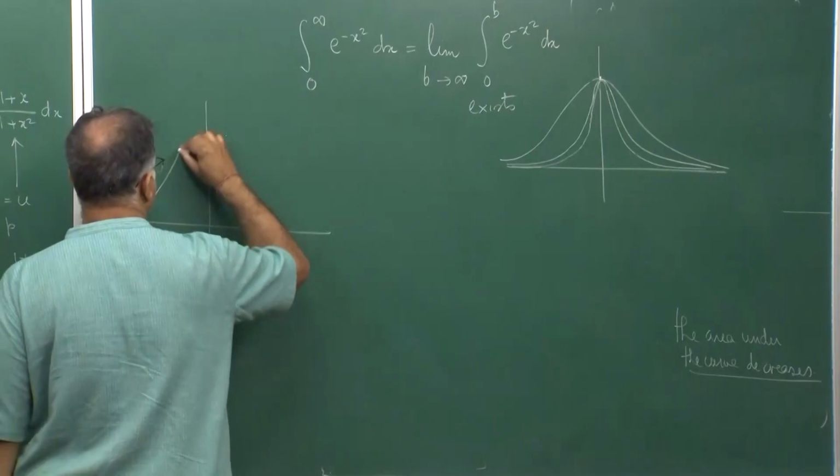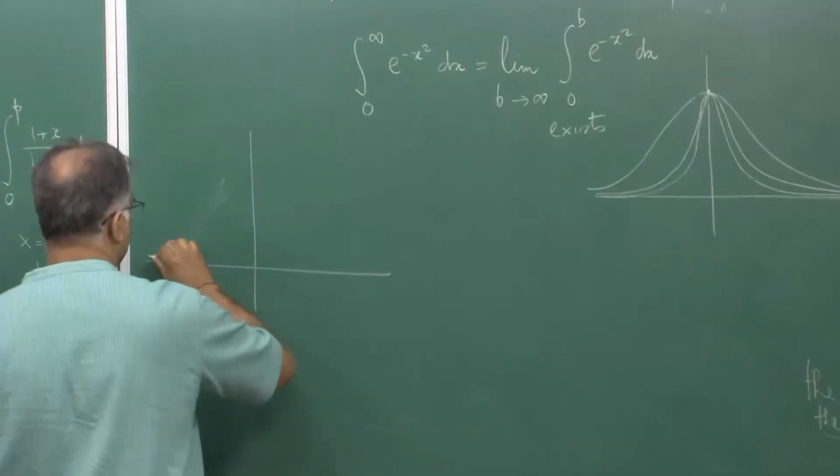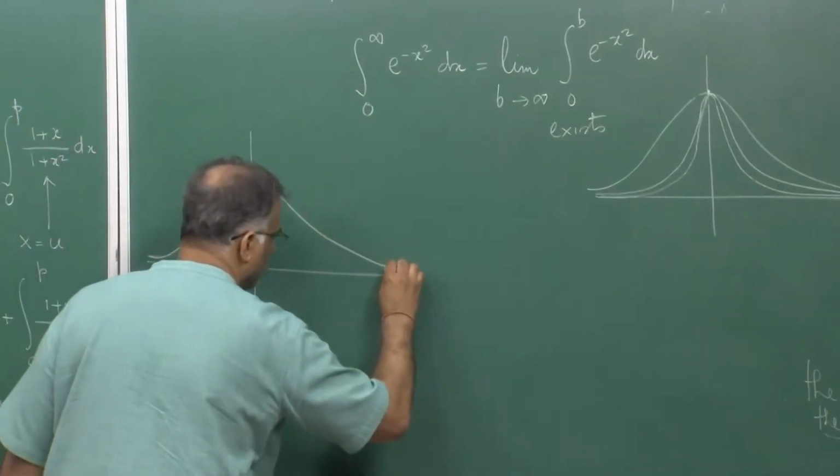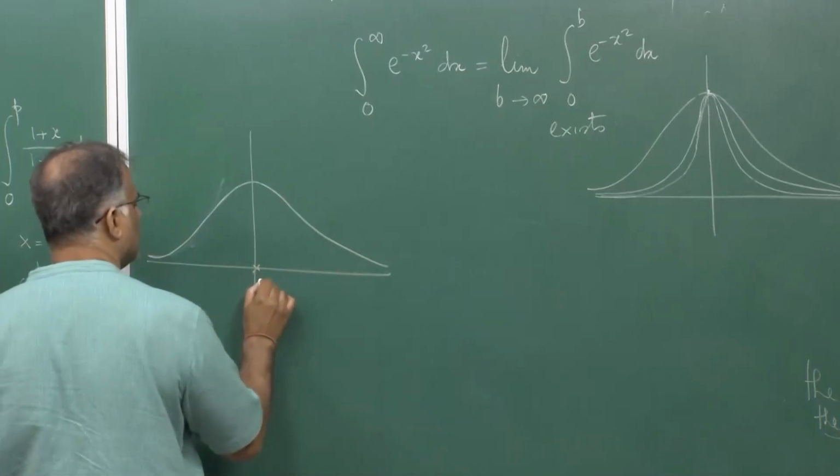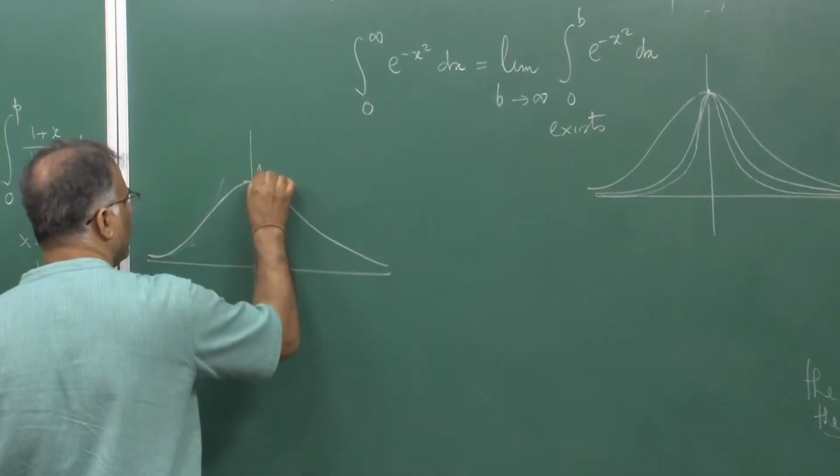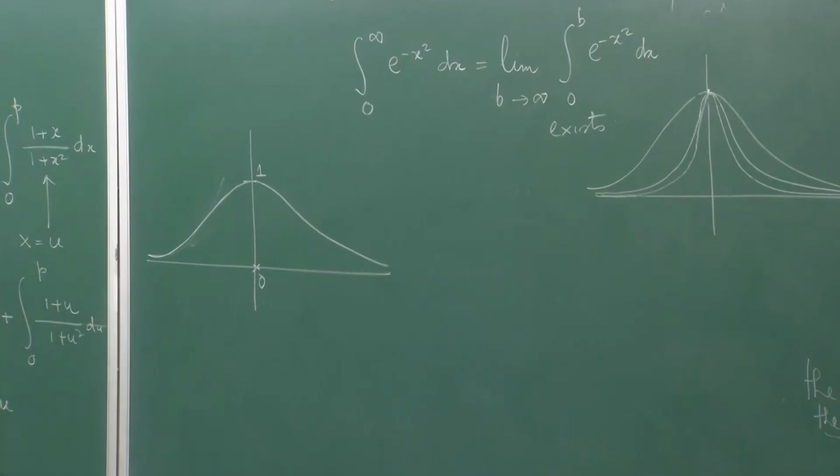So I am just drawing the graph. This is your graph. This is 0 and this is 1.